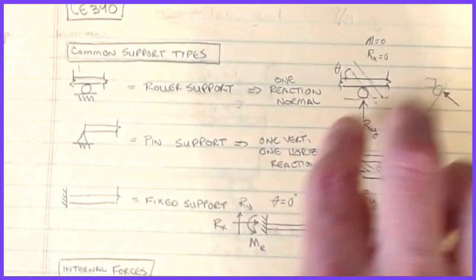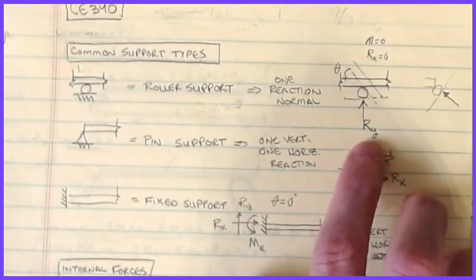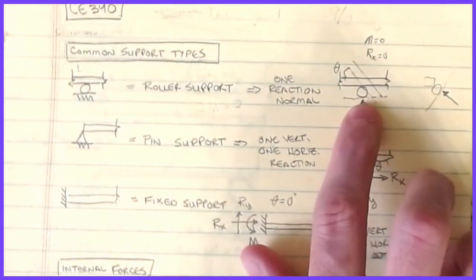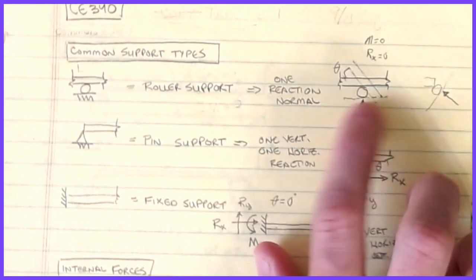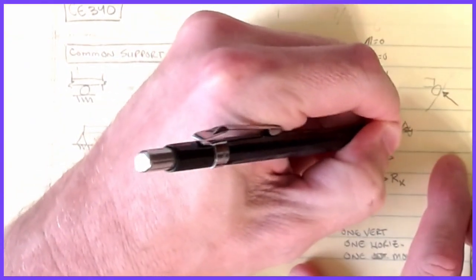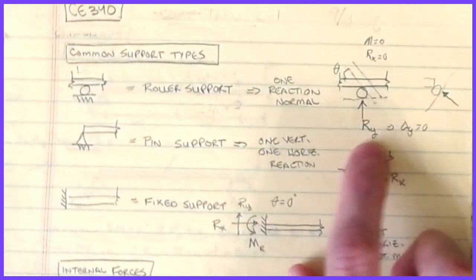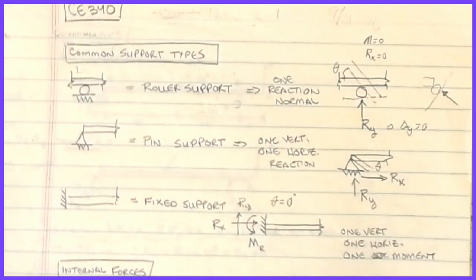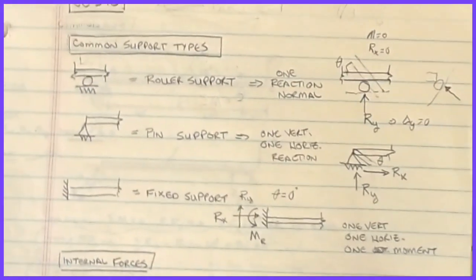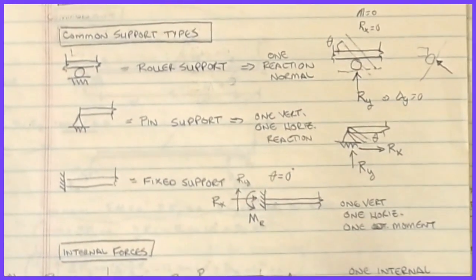So because it's free to do that, these two values have to be 0. Whereas Ry is restrained, in this case in the vertical direction. So what's really happening is that at this location, delta y is 0, the displacement is 0, which induces that force. You have to have this force to hold the object in place. And so if you can remember these boundary conditions, there's this play on deformation versus the actual support reactions as we look at them.